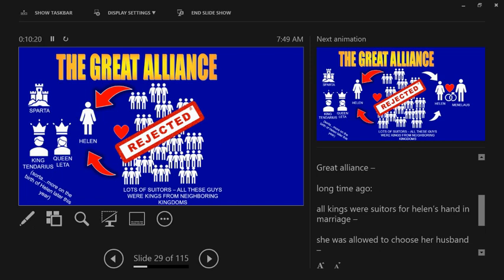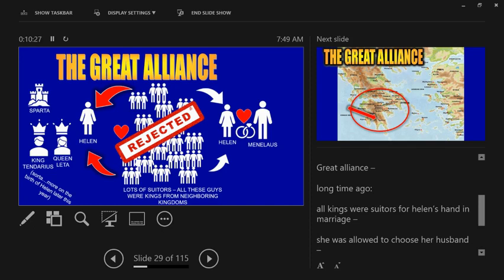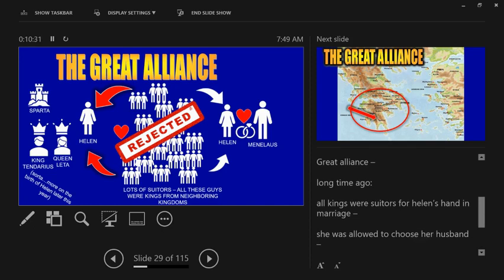Because if she chooses one of them, the others will get angry and they'll start a war, and they don't want a war over all of this. But she does eventually choose Menelaus. All these other guys agree to honor this marriage.